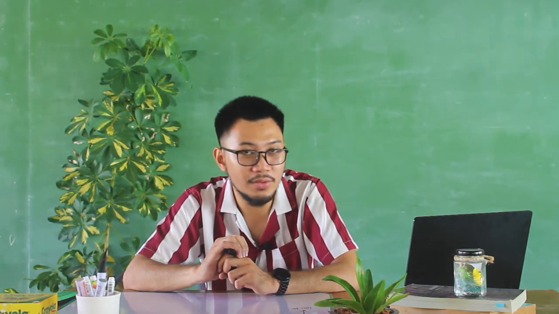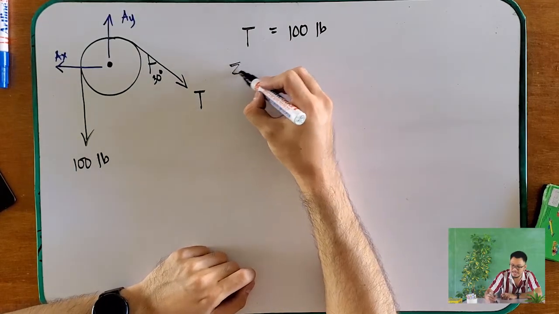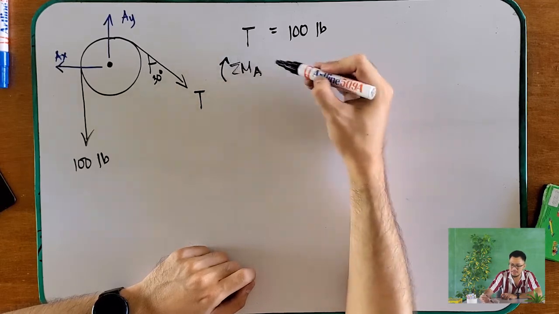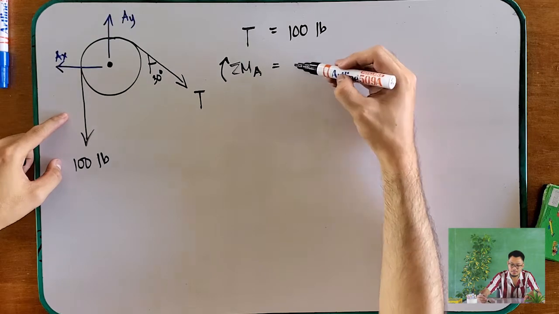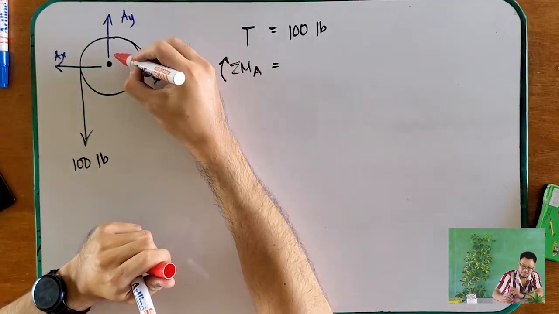And if you just want to prove it, we can use summation of moments at A to prove it. Let's take counterclockwise as positive. Given that the radius of this one is 0.5 feet.